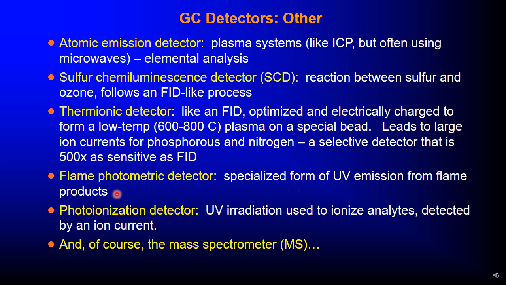Then flame photometric detector, a specialized form of UV emission from flame products. Then photoionization detector uses UV radiation to ionize analytes detected by an ion current. And of course the mass spectrometer, which is so powerful.